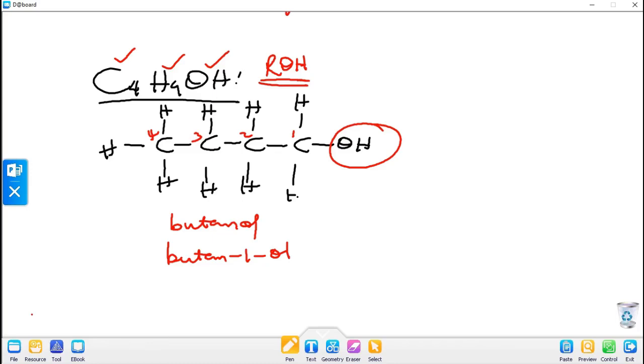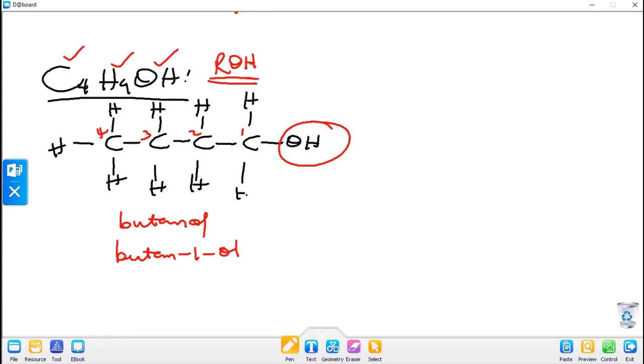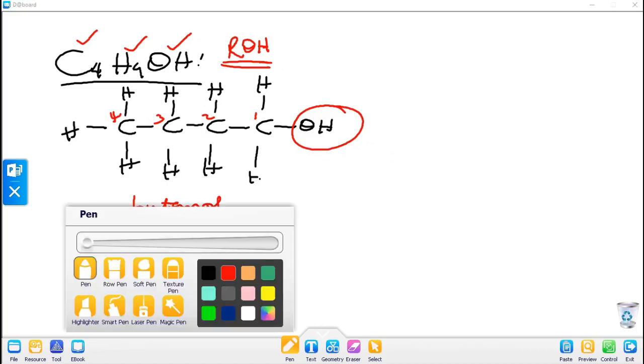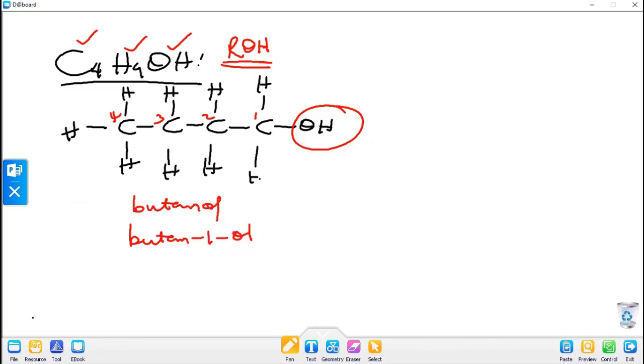Now, let's take a look at the fact that we choose to move this OH from where it is now, from carbon 1 where it is. Let's assume we choose to move it somewhere else. If we choose to move that OH maybe to position 2 or position 3, for example, what will become of the name?